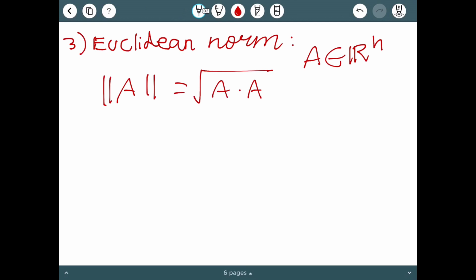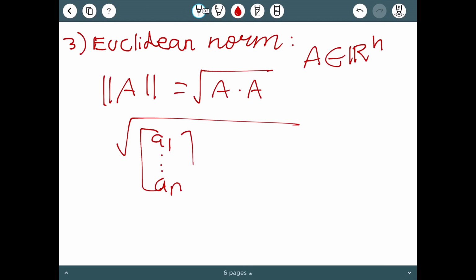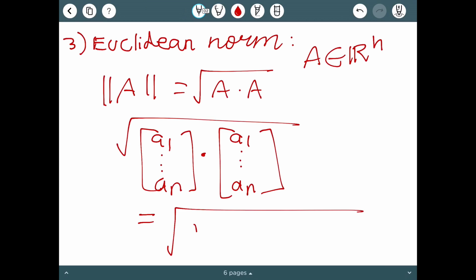So you have something like the square root of A1 up to An dot product with A1 up to An. So if you expand this, you'll get something like this. So this is the Euclidean norm.